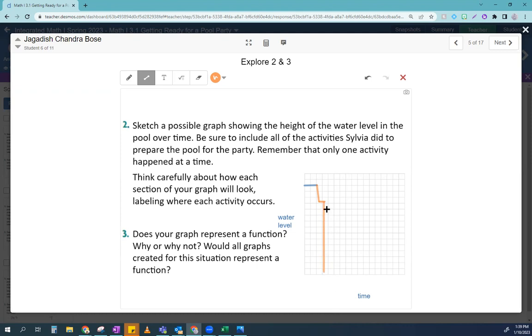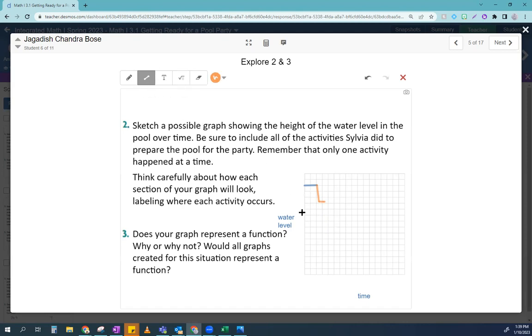The reason why it doesn't go straight down like this is because technically at one time, the pool is filled at this level, this level, this level, and this level. And that's not the way it works, right? The level of the water is only one thing at a time.